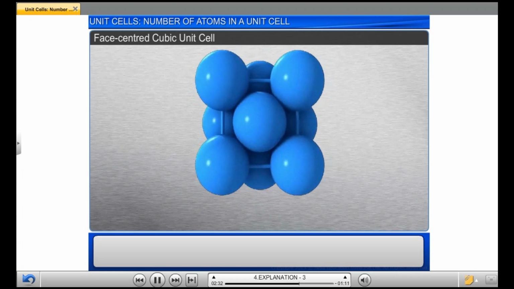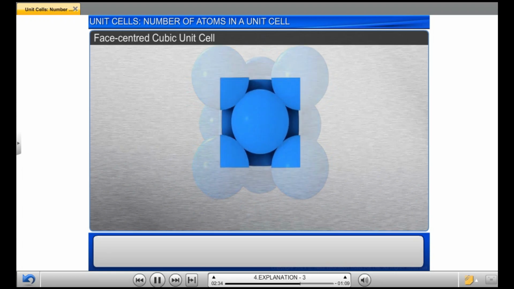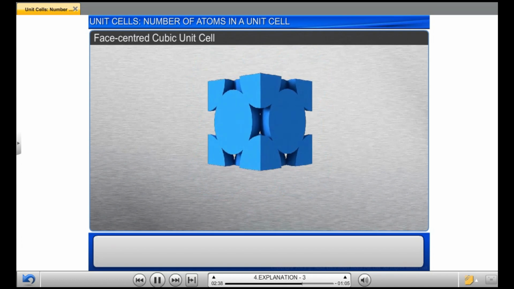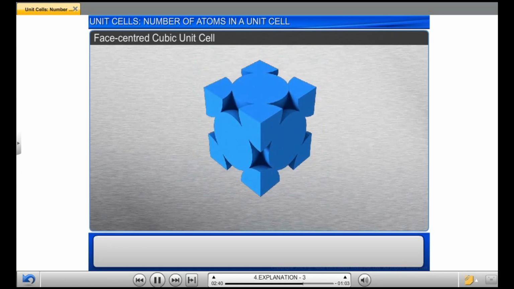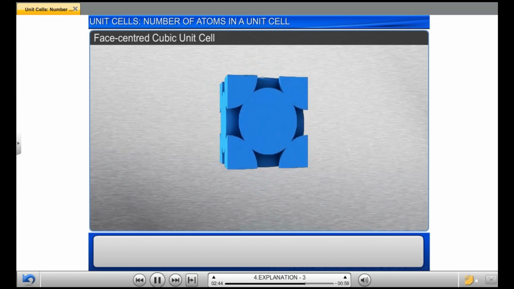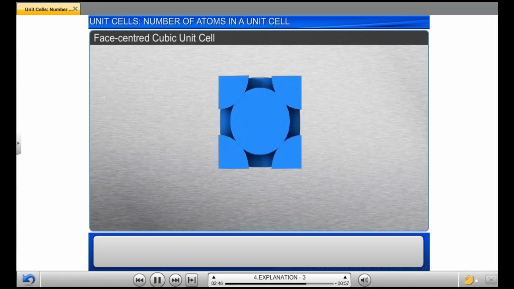A unit cell of a face-centered cubic cell is shown here. It is clear that the atoms at the corners contribute 1/8 of their original volume each.